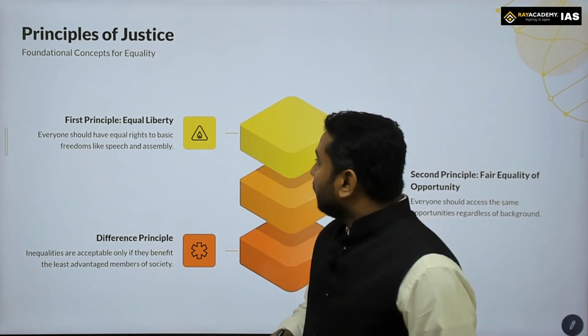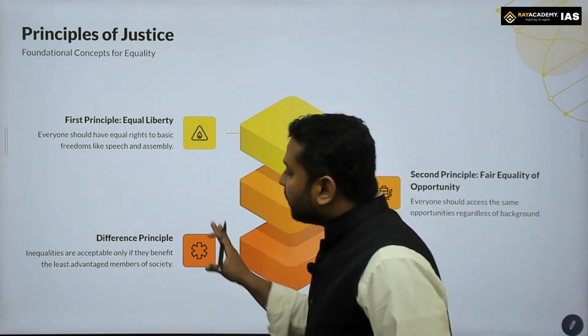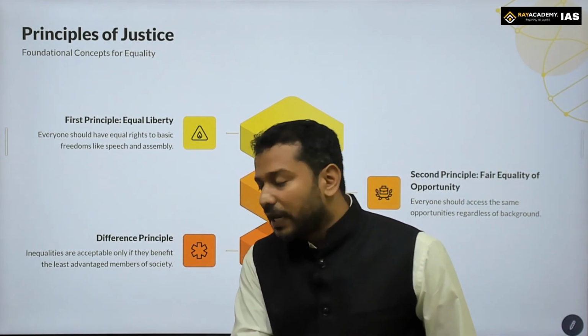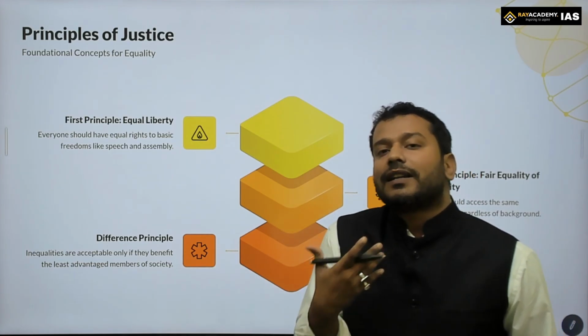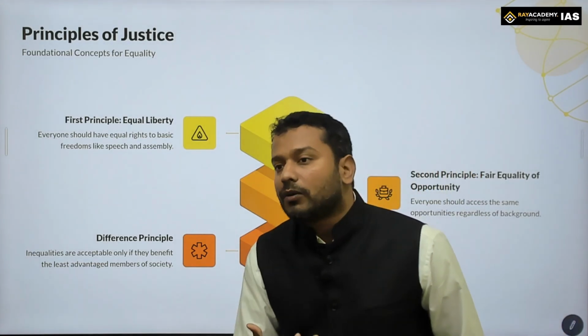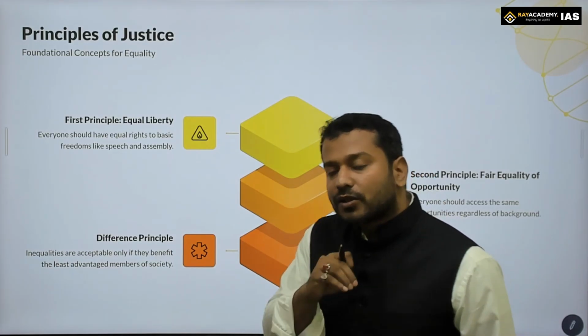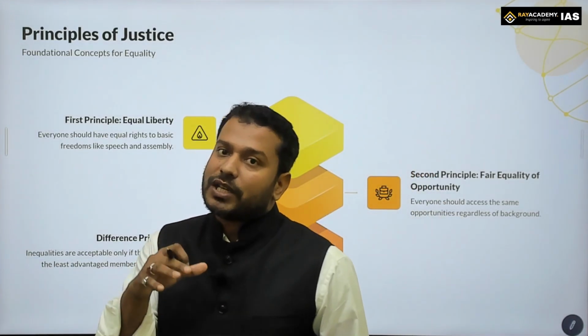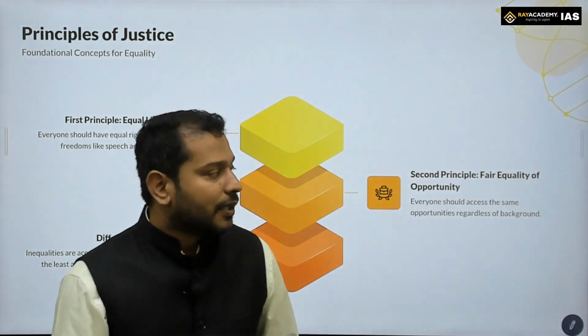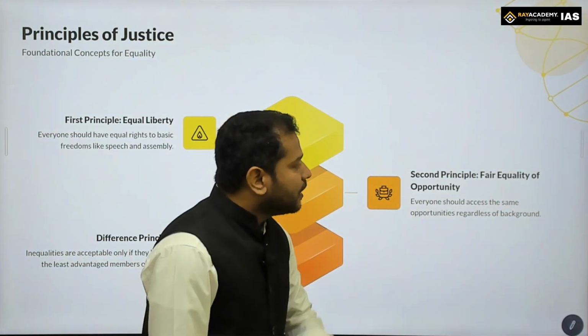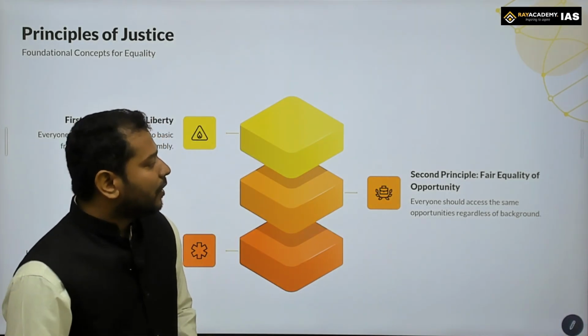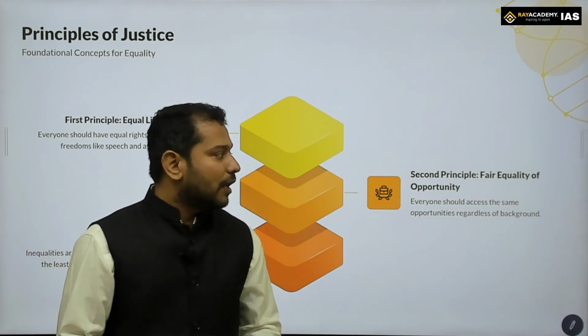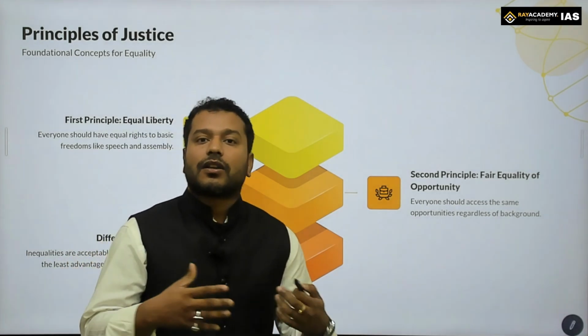At the same time, he is also talking about the difference principle, where he is saying, as I have already explained, that inequality may be allowed if the least advantaged group of our society, or the social strata, are getting benefited. And the second principle is based on fair equality of opportunity, where everybody should get an opportunity regardless of their background.